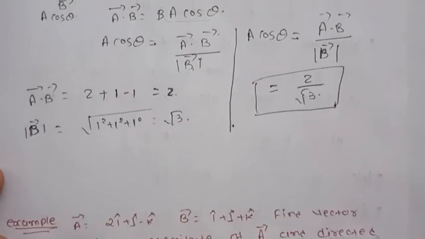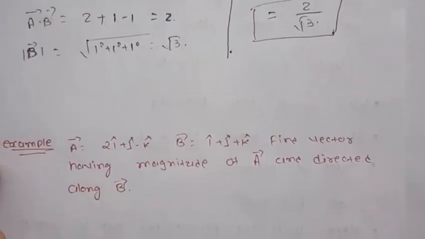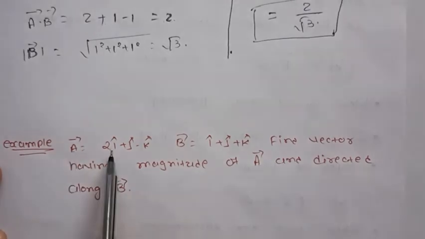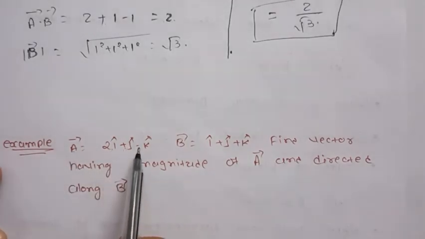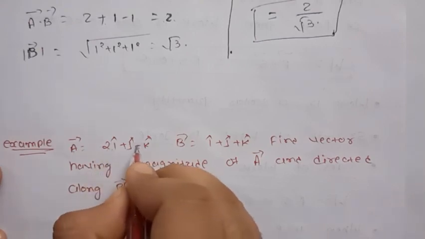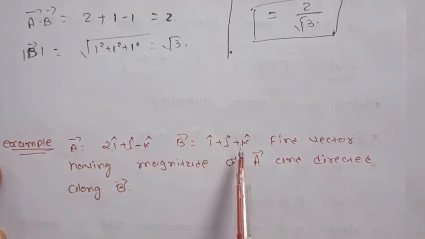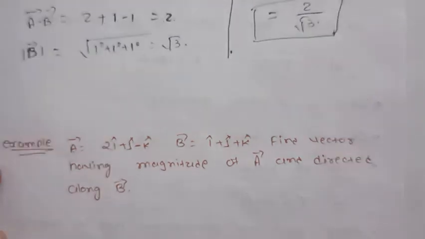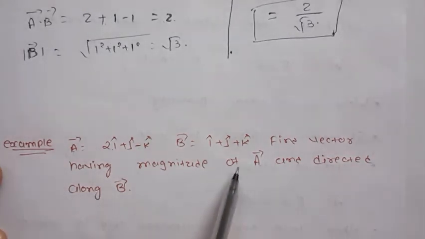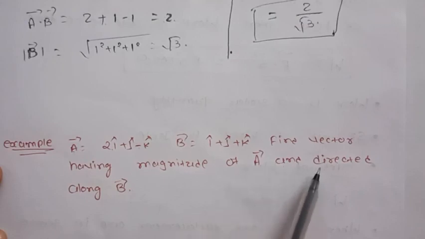Now in the second question, the same vectors are given. A is equal to 2i + j - k and B is equal to i + j + k. We want to find a third vector having magnitude of A and directed along B. Let's say two vectors are there.